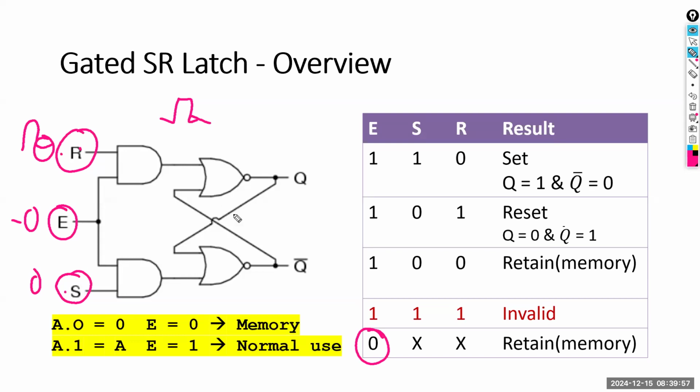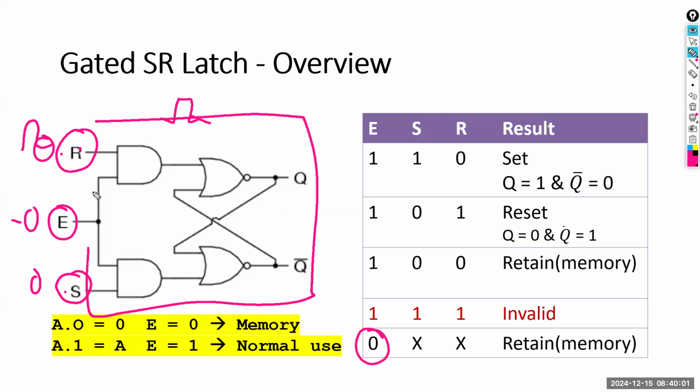So that is why this circuit is better than the plain SR latch, because this has a gate. It has an additional defense against stray signals. Because these are mostly outputs from another circuit, but this can come freshly from the source.